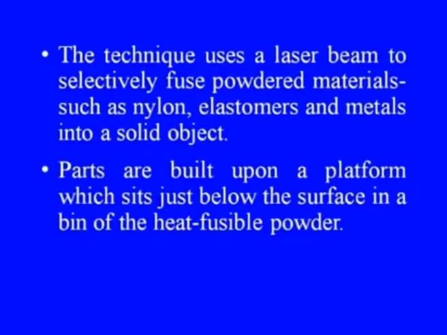The technique uses a laser beam to selectively fuse powdered materials such as nylon, elastomers and metals into a solid object. The parts are built upon a platform which sits just below the surface in a bin of the heat fusible powder.